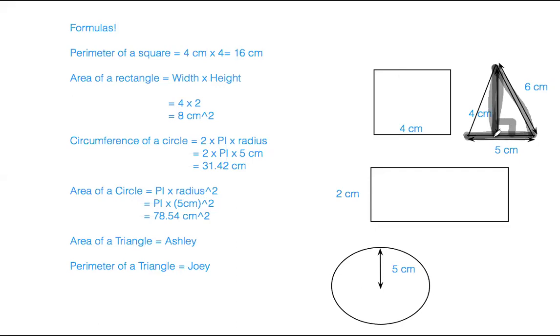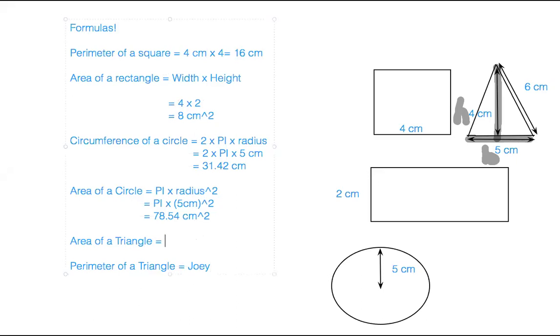This height. So you will not look at 6 cm for the area. You will only use 4 and 5. 4 and 5. This is your base. This is your height.